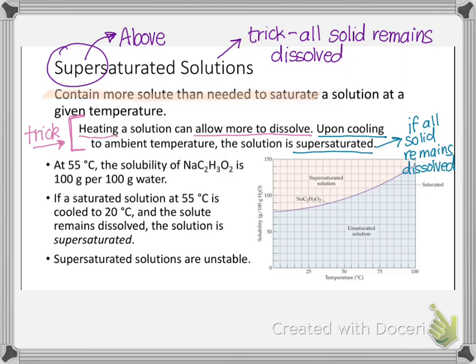So let's look at the bullet points. At 55 degrees, the solubility of sodium acetate is 100 grams per 100 grams of water.